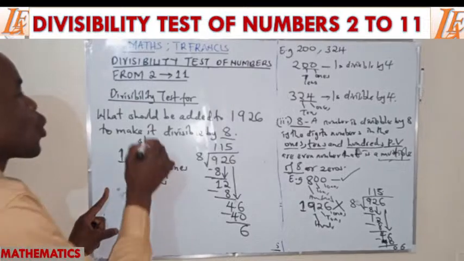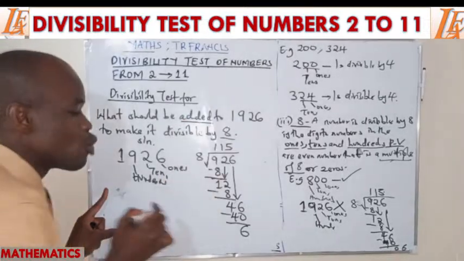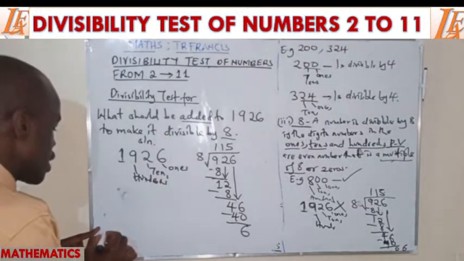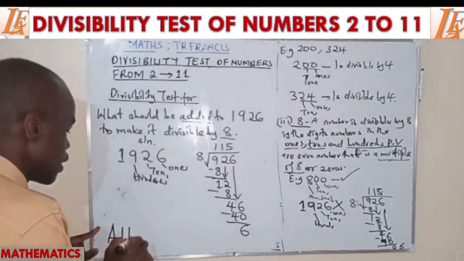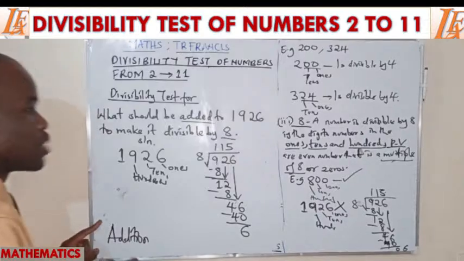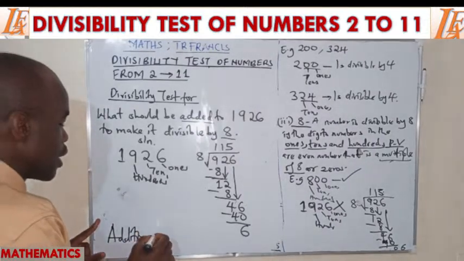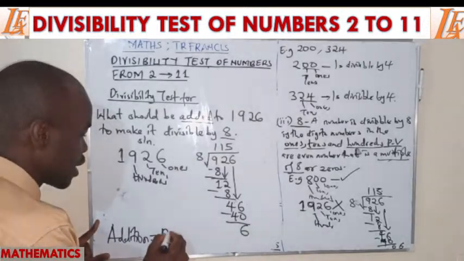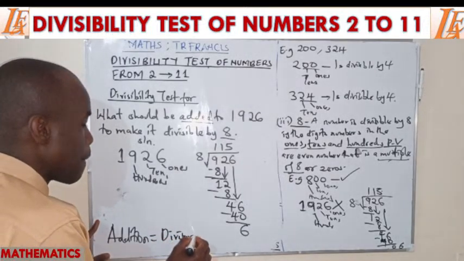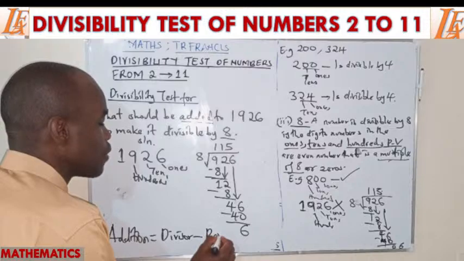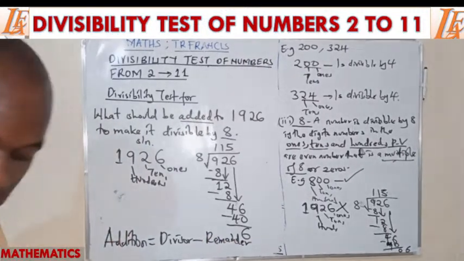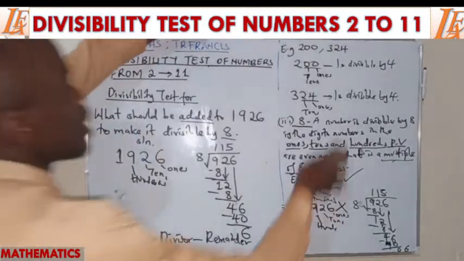And you are told, what should be added? In terms of making a number divisible by a given number, for addition, take the divisor minus the remainder, and you find the answer.